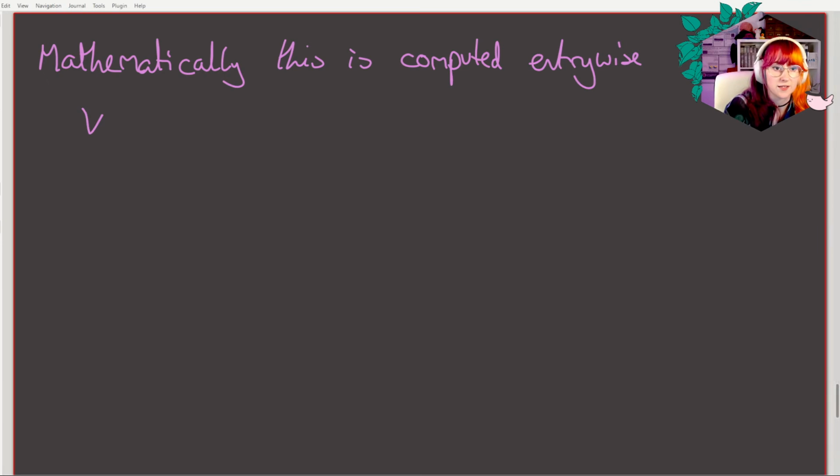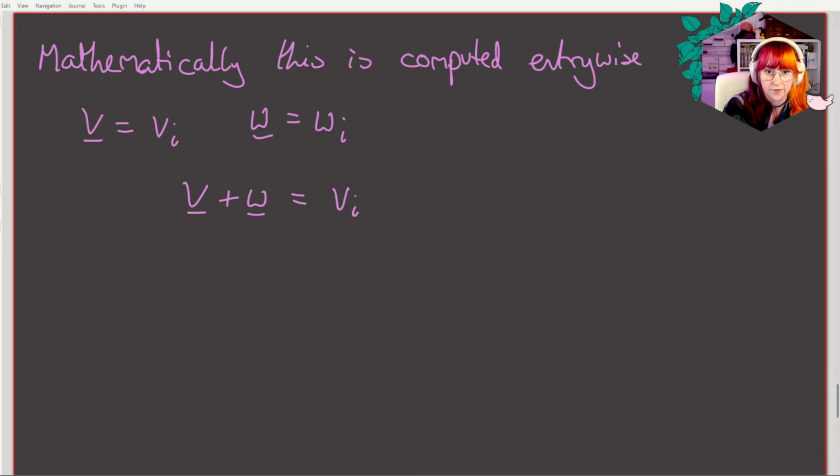What I mean by that is if V is given by its elements Vi and W is given by its elements Wi, then V plus W is the list of elements Vi plus Wi for each matching i. So V1 is added to W1, V2 is added to W2, and so on and so forth.